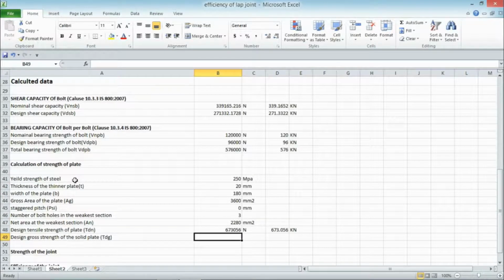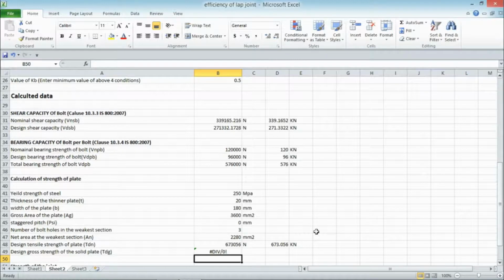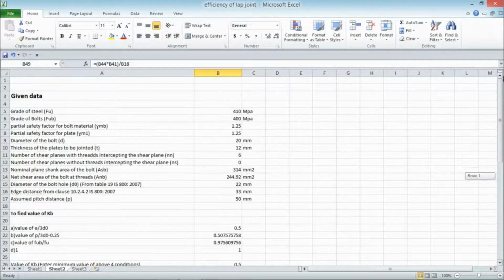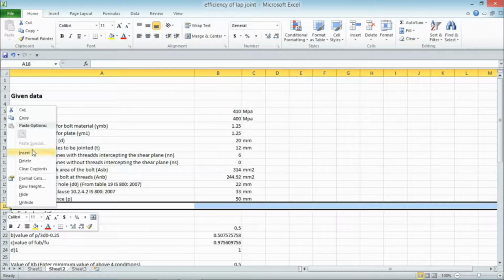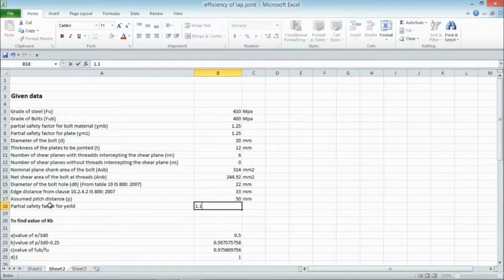After writing the yield strength, we insert the values in the formula Tdg, that is Ag into fy by gamma m0. Just click enter, then we get the value. Here I did not give any value for gamma m0, so I'll enter it by inserting a row: partial safety factor for plate in case of yield, that is gamma m0 equal to 1.1.